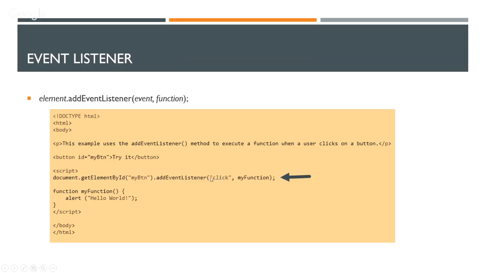In the event listener, the first parameter is your event, and the second is a function. It's kind of weird syntax because you won't add the parentheses like you would typically. It's just the function name. That's just something to keep in mind.